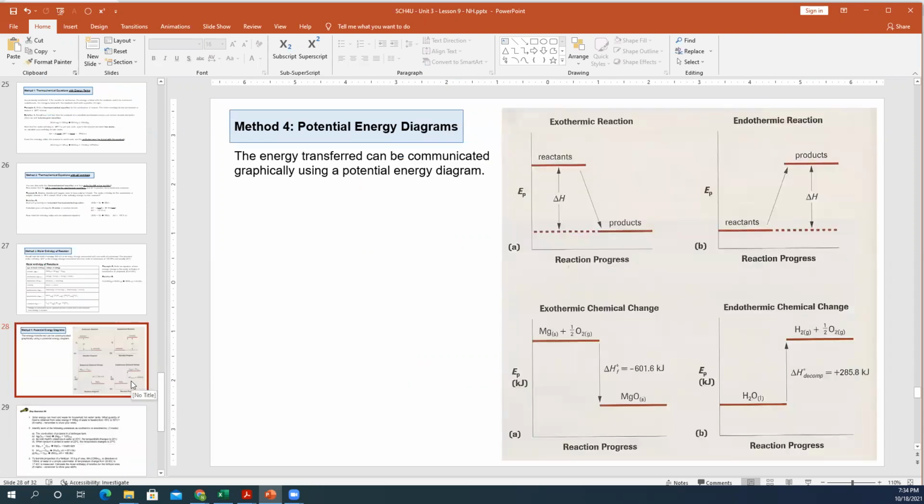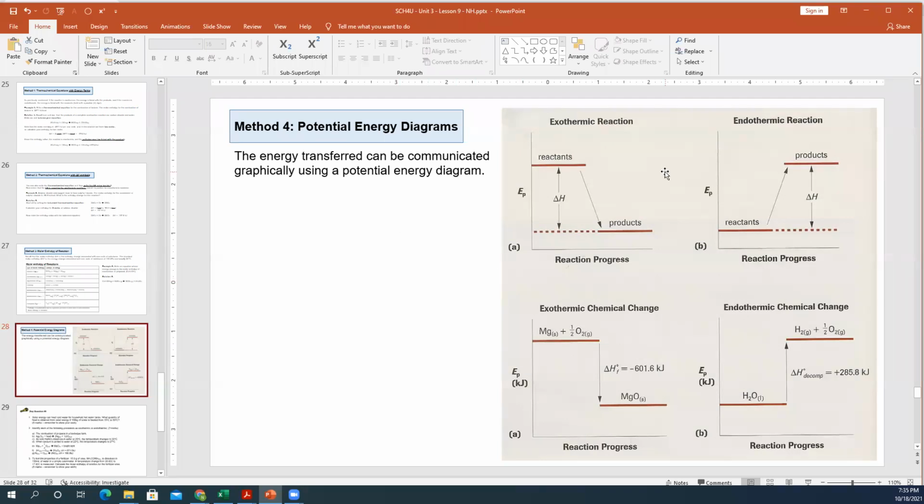Now, the fourth way is to show delta H in a potential energy diagram. And the potential energy diagram is another way, the fourth way, of communicating graphically in a diagram and a graph how energy is transferred.